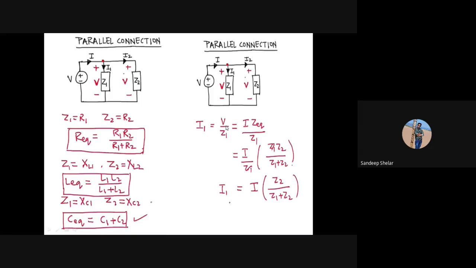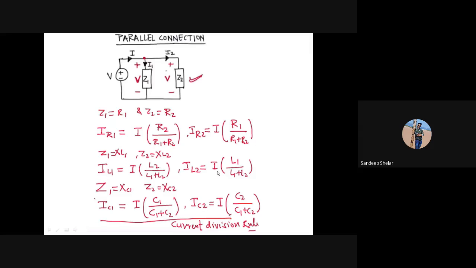Then also find out current I1 with respect to impedance, that is I1 is equal to I into bracket Z2 upon Z1 plus Z2. In the parallel connection, find out the equivalent impedance with respect to Z1 and Z2.